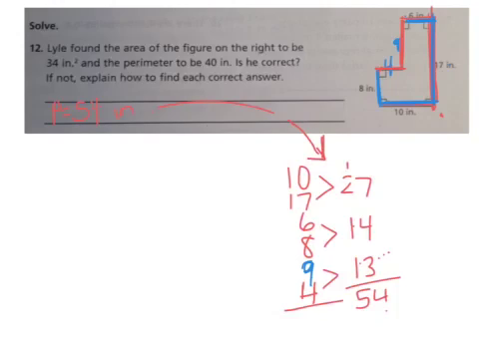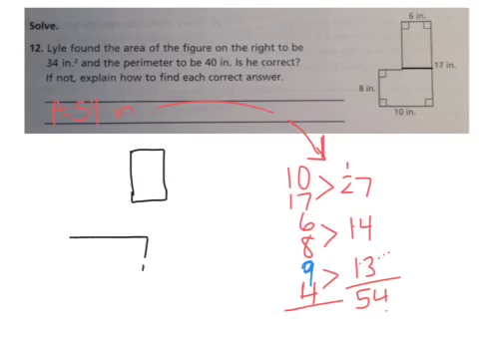Now, to find the area, I'm going to get rid of all of this stuff. And I'm going to say, okay, let's split this complex figure, and I'm going to split it like this. So now I have a vertical rectangle and a horizontal rectangle. My vertical rectangle, I have 6 here, and then remember, I said that this side here was 9, because 8 plus 9 is 17, so this is 9.